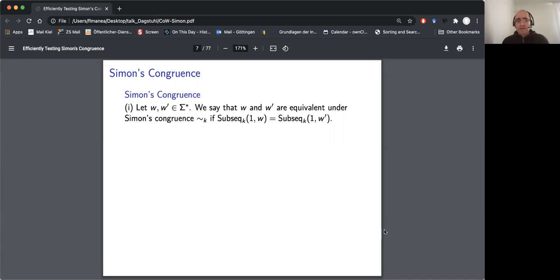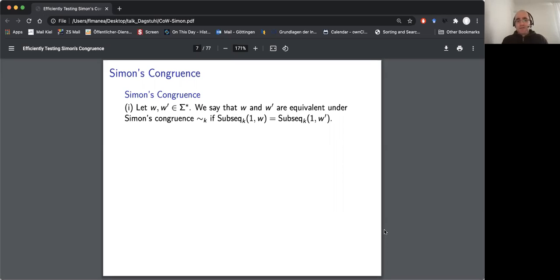This is how Simon's congruence is defined. Basically, if you look at the Simon congruence ~_1 for k equals 1, this just says that W and W prime have exactly the same letters.